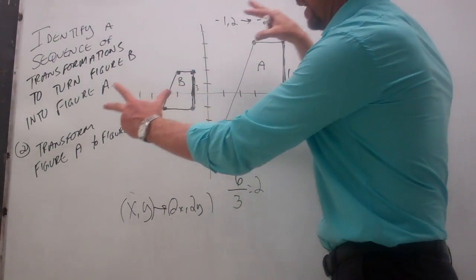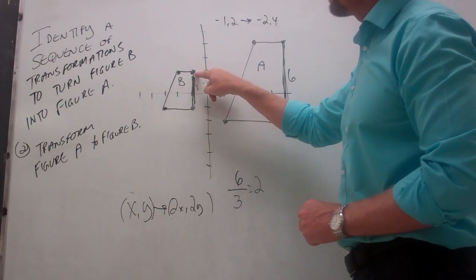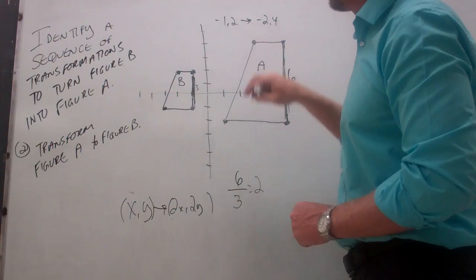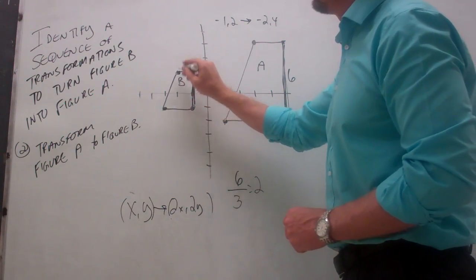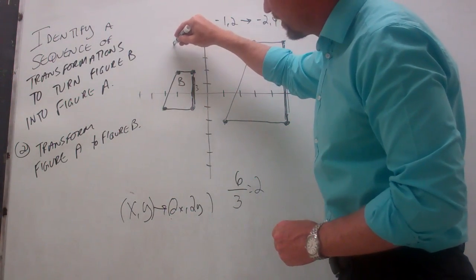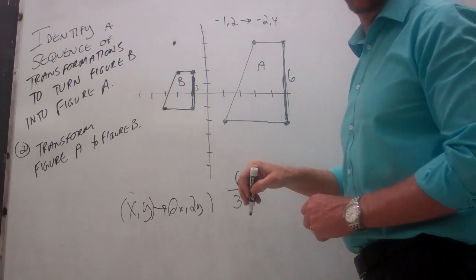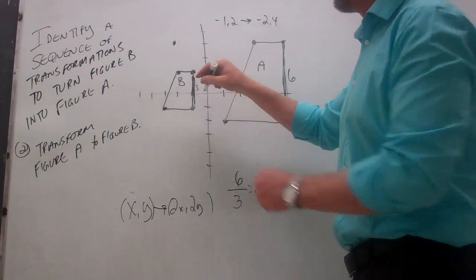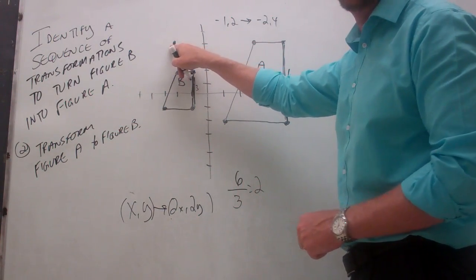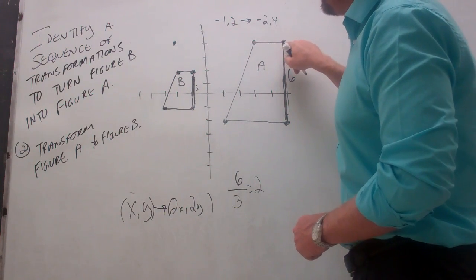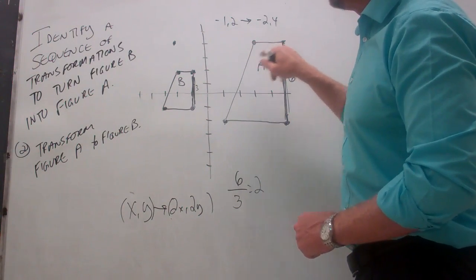So once we dilate trapezoid B, this point would end up at the coordinates (-2, 4). It's going to be right about here. So this point, when we dilate, ends up being here, and I want it to be here. So we need to move it over.